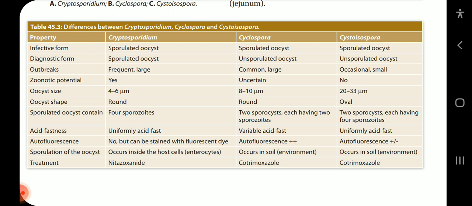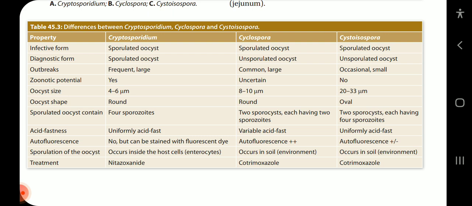Oocyst size: Cryptosporidium 4 to 6 micron, Cyclospora 8 to 10 micron, and Cystoisospora 20 to 33 micron. Oocyst shape: round in Cryptosporidium, round in Cyclospora, while oval in Cystoisospora. Sporulated oocysts contain 4 sporozoites in Cryptosporidium, 2 sporocysts each having 2 sporozoites in Cyclospora, while 2 sporocysts each having 4 sporozoites in Cystoisospora.